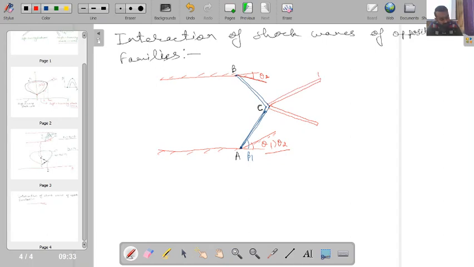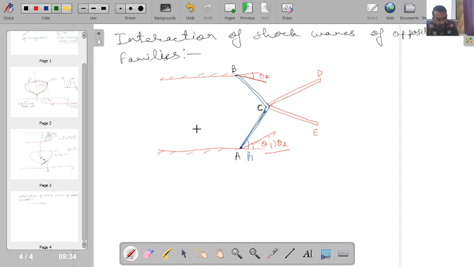This is my wave CD and this is wave CE. So the refraction of B to C is C to E, and the refraction of A to C is C to D. Is this one clear? Okay, interesting.